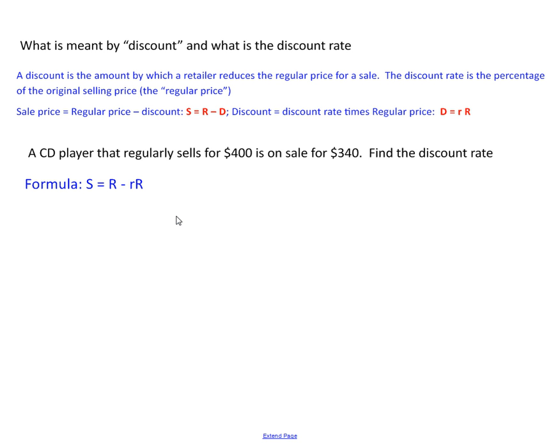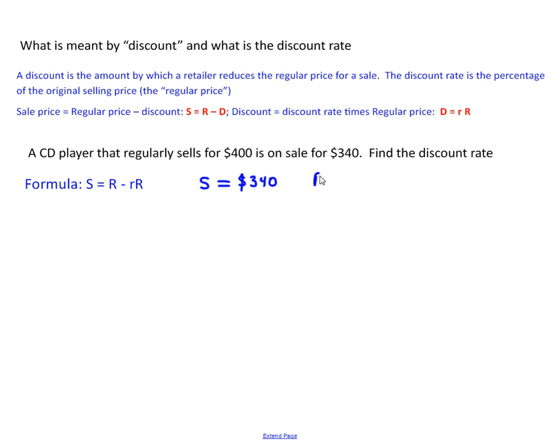So let's figure out what we know and what we don't know, and let's fill in the blanks. What do we know? Our regular selling price is $400, and our sale price is $340. So S, that's the sale price according to the model above, is $340. So let's go ahead and fill that in.